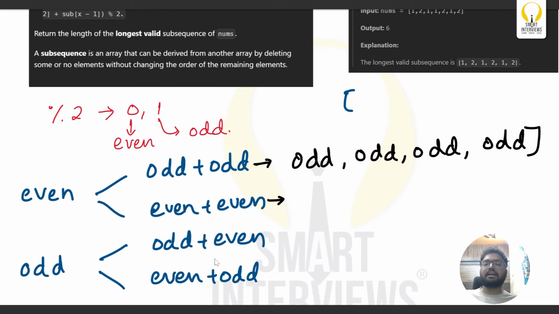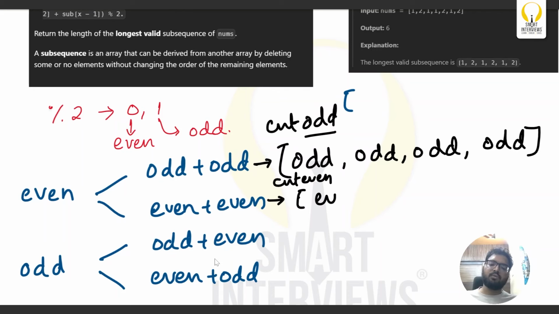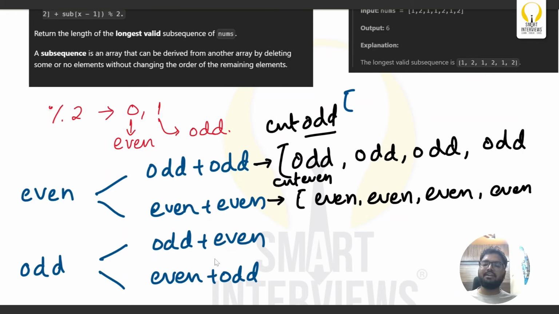So basically you'll be calculating the longest subsequence of odd numbers for this, so count odd. And for this one we'll be counting even, the maximum number of even numbers present in a subsequence. So this can be the pattern.